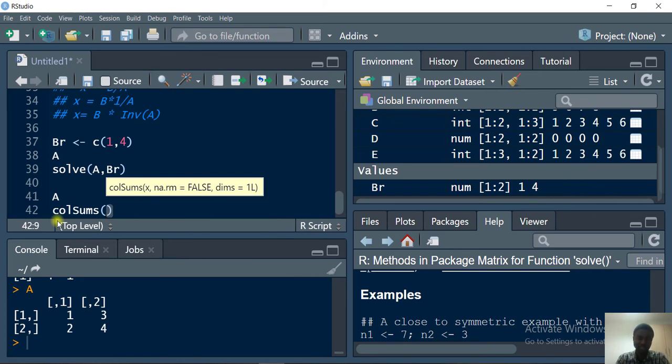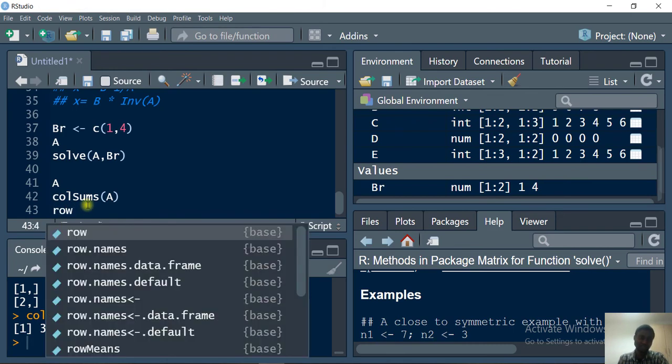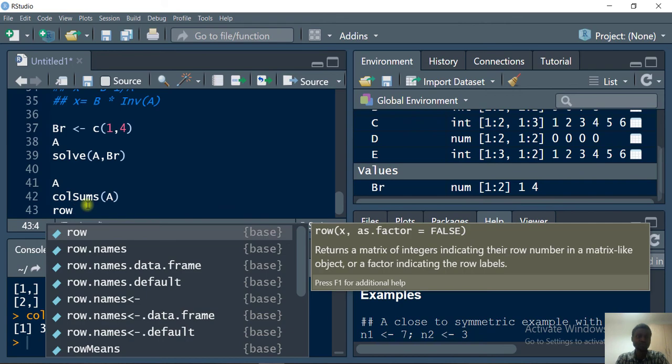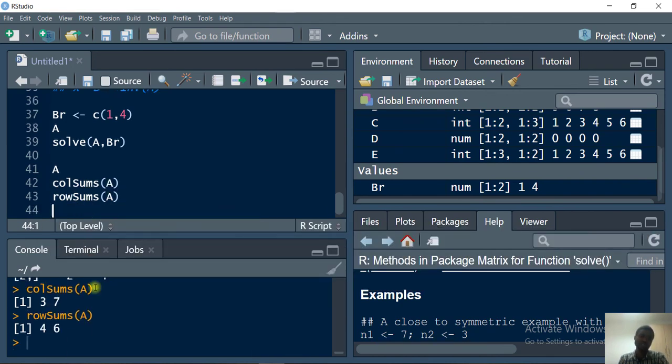If you want to do it in a way that you want to teach people to understand it, you use some of these functions, colSum of A, and if you run it, you see 1 plus 2, 3, 3 plus 4, 7. So you can say rowSum, and it will be 4 and 6. So if I say rowSums of A, and then I run this, you understand how we have 4 and 6.